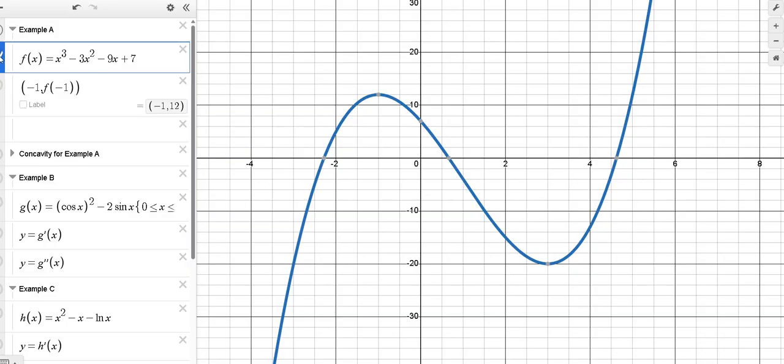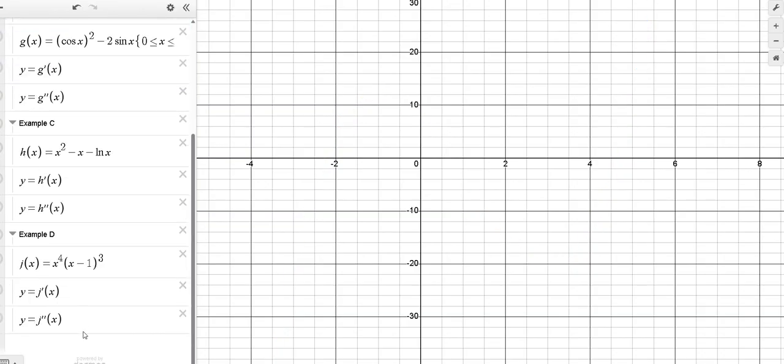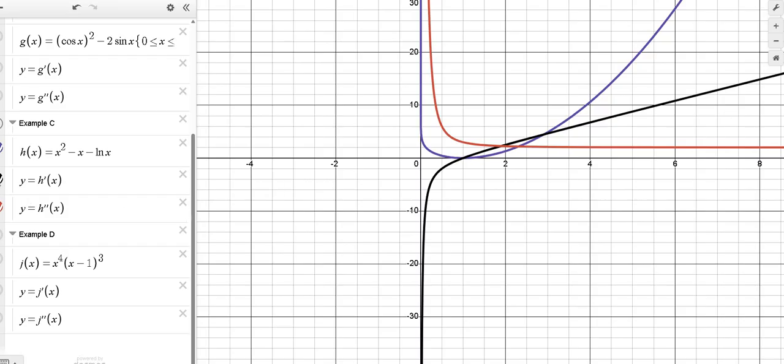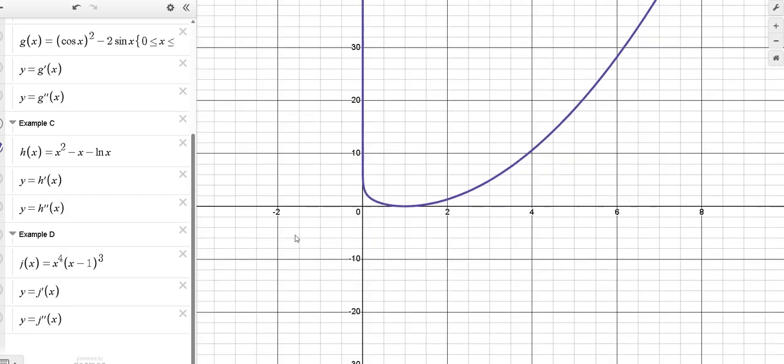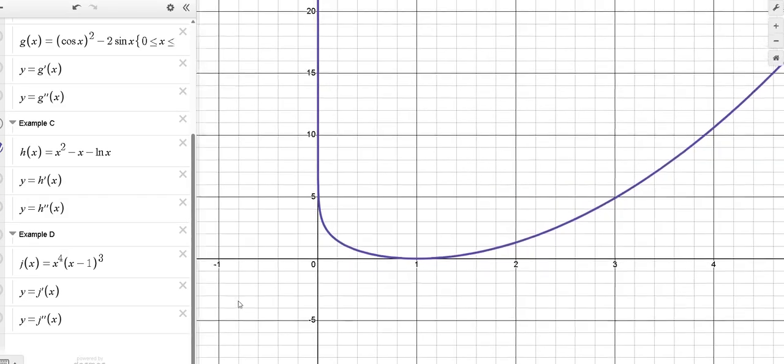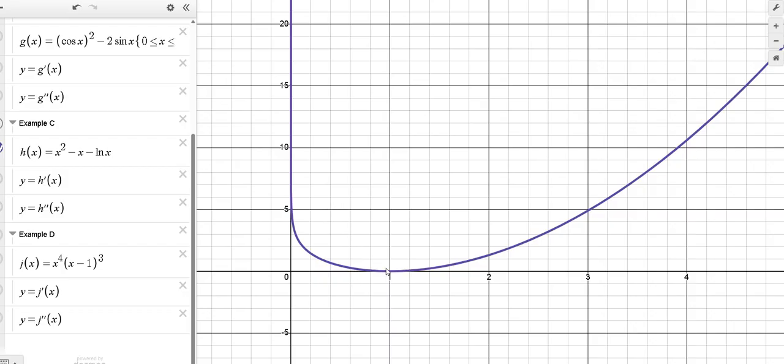Let's get rid of that one. And oh yeah, here it is. So there's your function. And what you can see is that it's concave up everywhere. You've got a minimum at 1, and that minimum is really an absolute minimum, and then it keeps on increasing after that. So it absolutely matches everything that we've got.